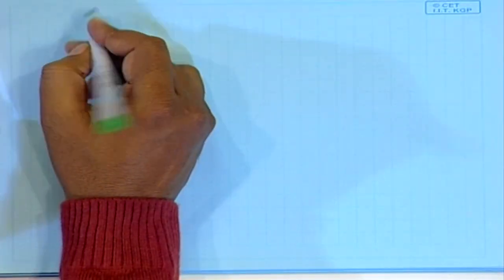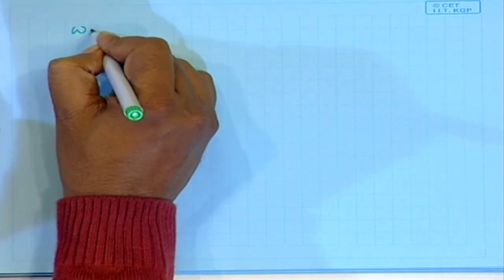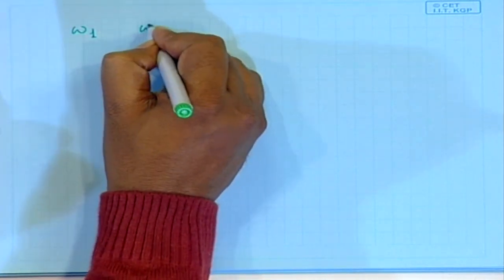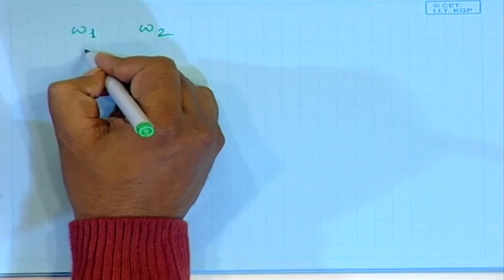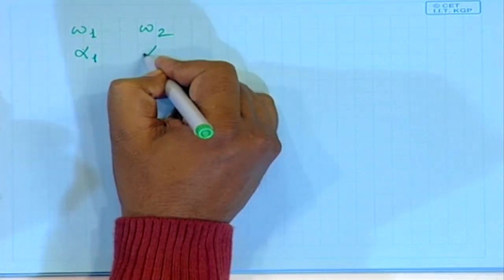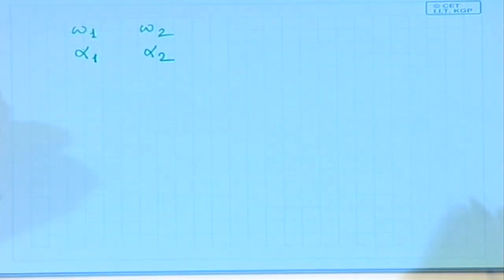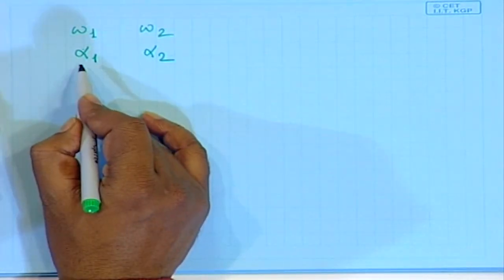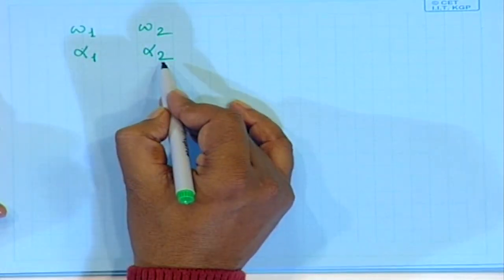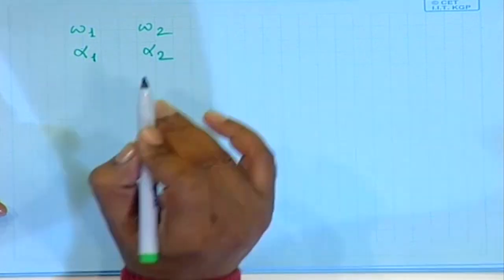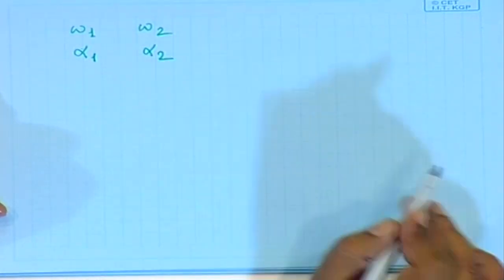So, I have 2 states of nature, omega 1 and omega 2, and also the actions alpha 1 and alpha 2. Action alpha 1 means deciding that the object belongs to class omega 1, and action alpha 2 means deciding that the object belongs to class omega 2.